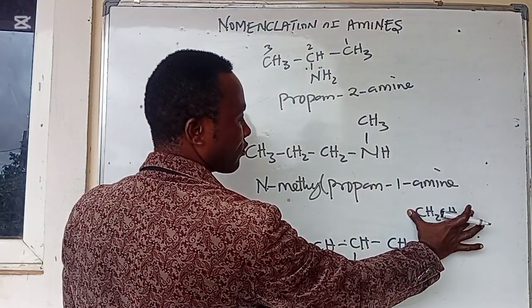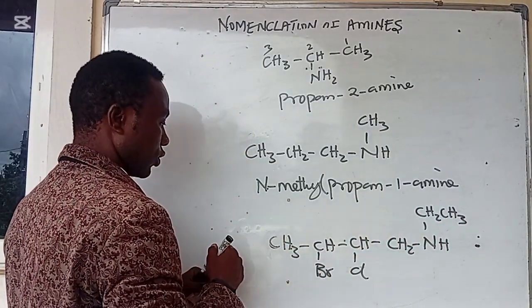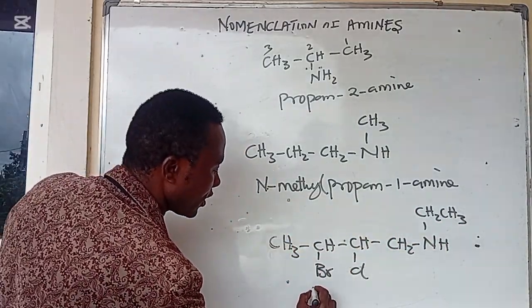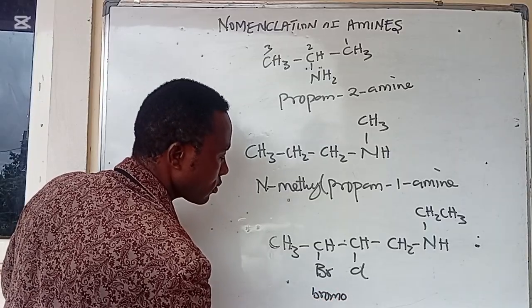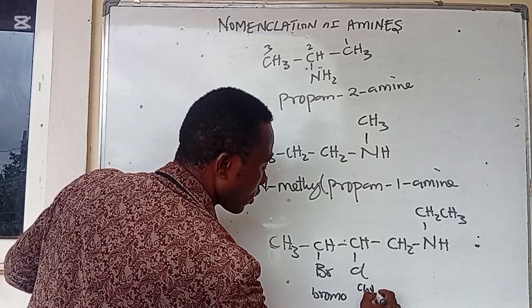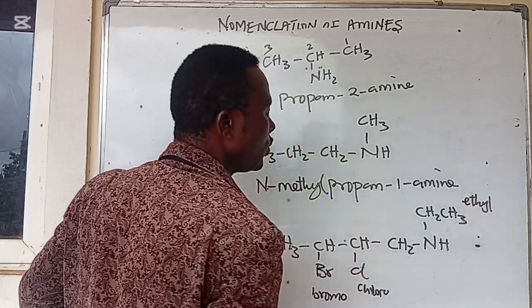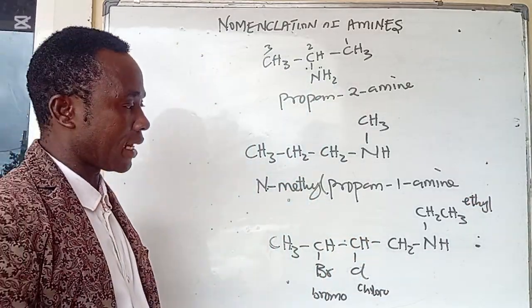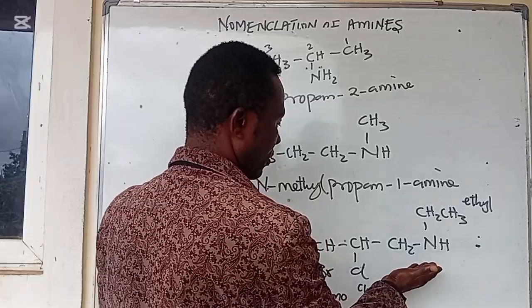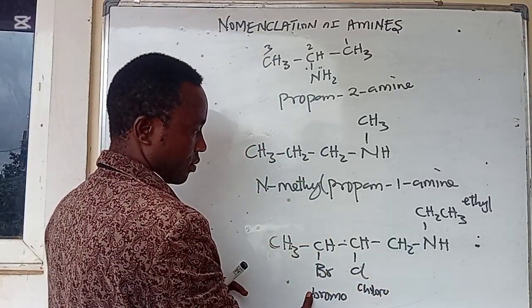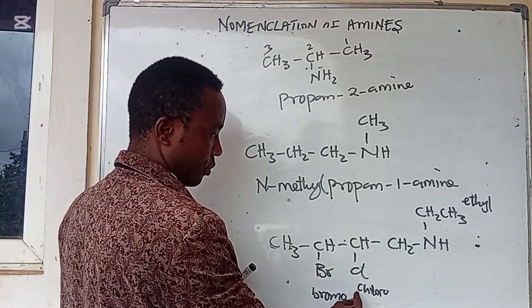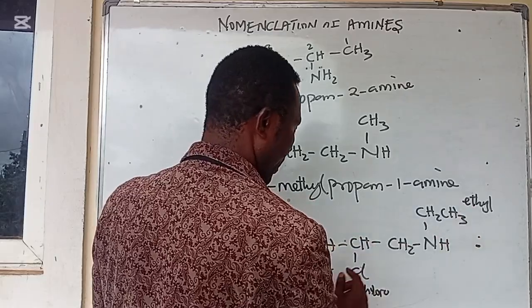Then look at another substituent on nitrogen. So what are the substituents? This is a bromo. This is a chloro. Then this is ethyl. So you name them alphabetically, whether it be here or here. B, then you have C before E, which is ethyl.